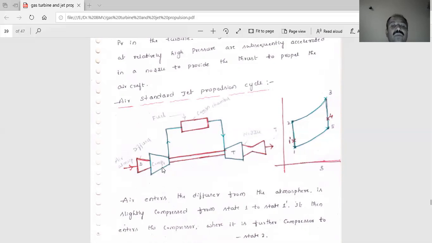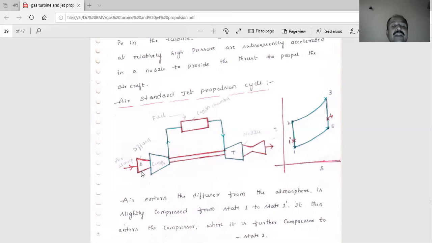One more thing is here. In the simple gas turbine cycle, air is admitted directly into the compressor. But in the jet propulsion cycle, before the air is admitted into the compressor, one more component exists, which you can call a diffuser.